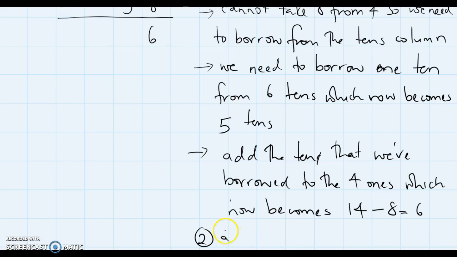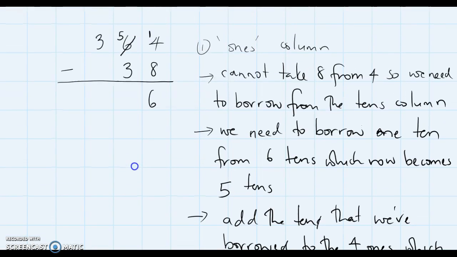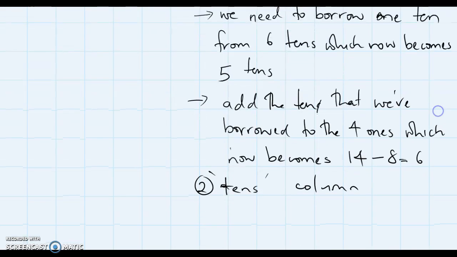Second step, look at the tens column, which is quite easy: 5 tens take away 3 tens equals 2 tens. That's easy. Then after the tens column, we'll look at the hundreds column.